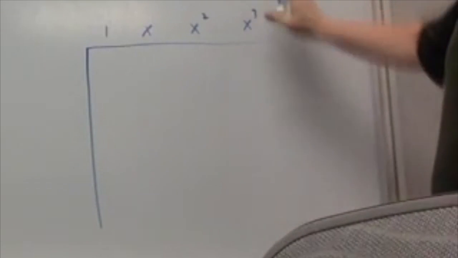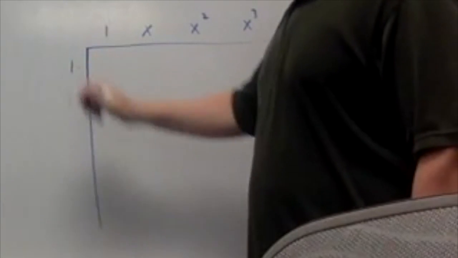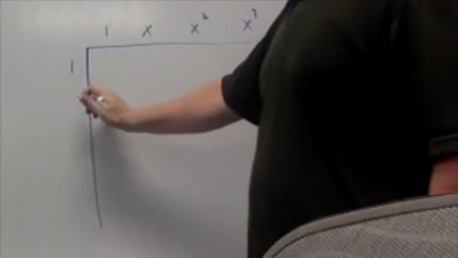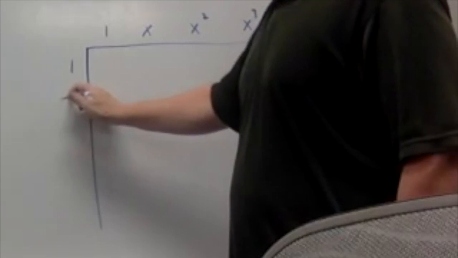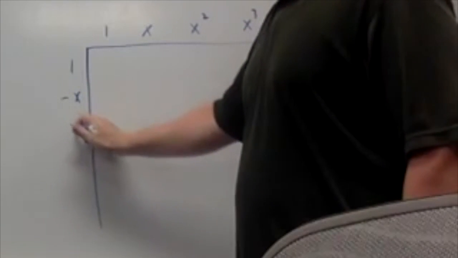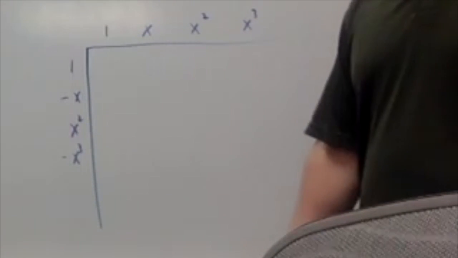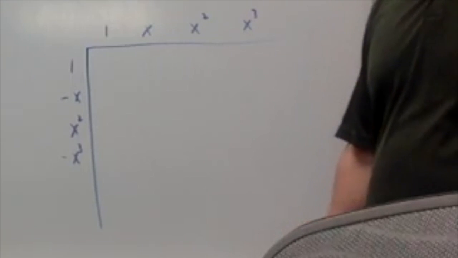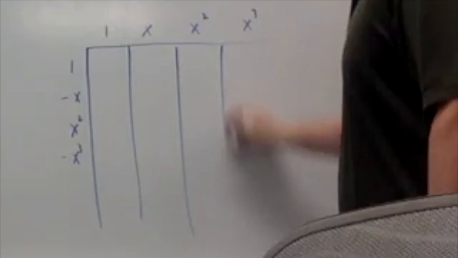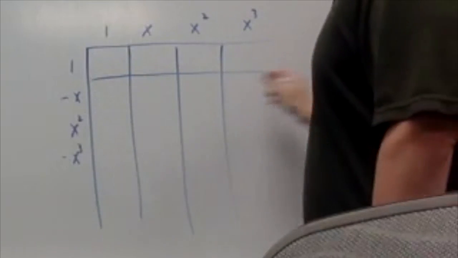The second factor of this product: the first row will be 1, so everything here is just going to be multiplied by 1. Everything along here is going to be multiplied by negative x, positive x squared, negative x cubed, and so on and so forth, right? And what you get is a whole bunch of rows and a whole bunch of columns.